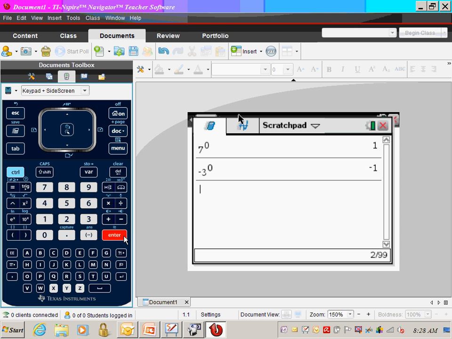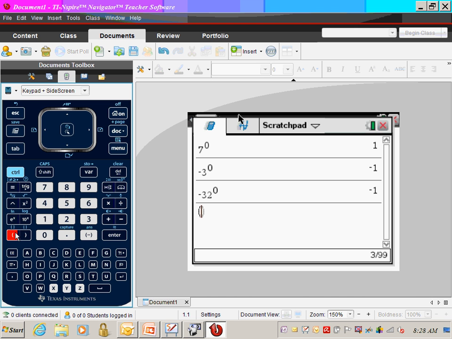14 to the 0, what do you think it's going to be? 1. And negative parentheses, you have to put it in exactly as it's written, negative parentheses 32, close parentheses to the 0 power, negative 1.